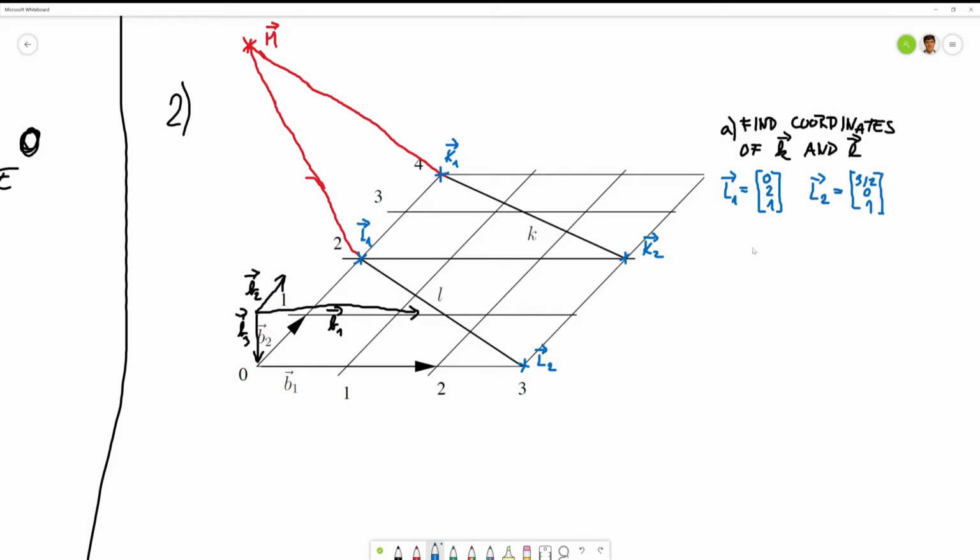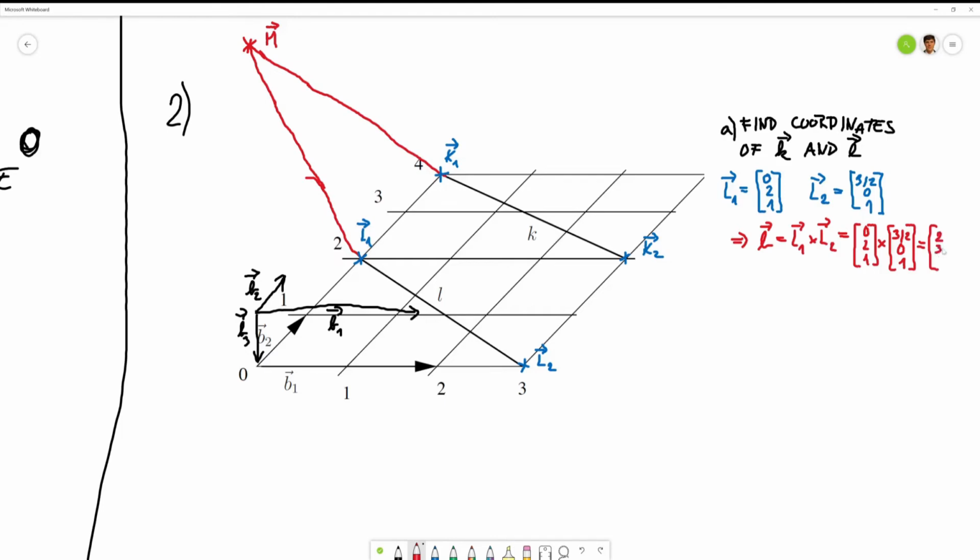The cross product of (0, 2, 1) with (3/2, 0, 1) is (2, 3/2, -3).